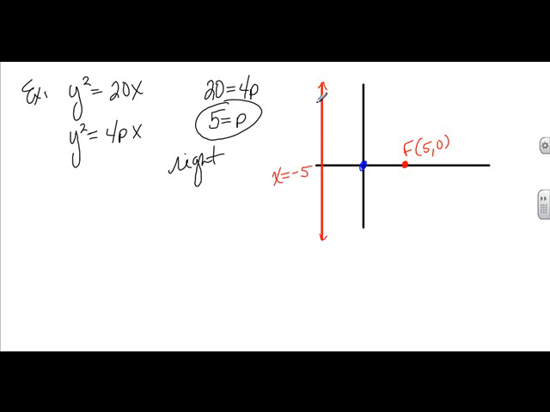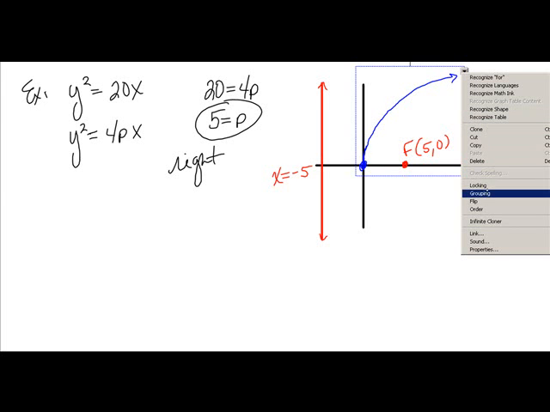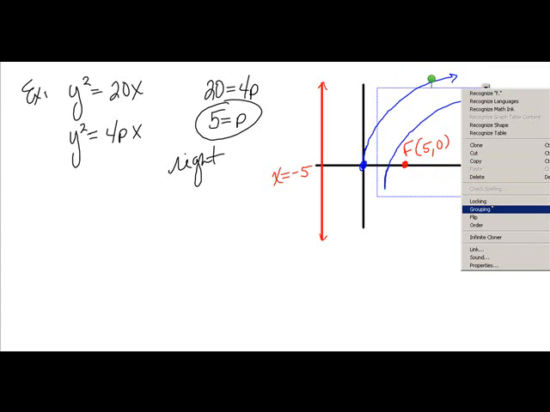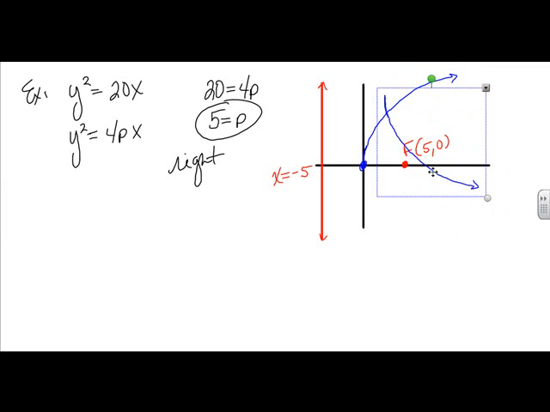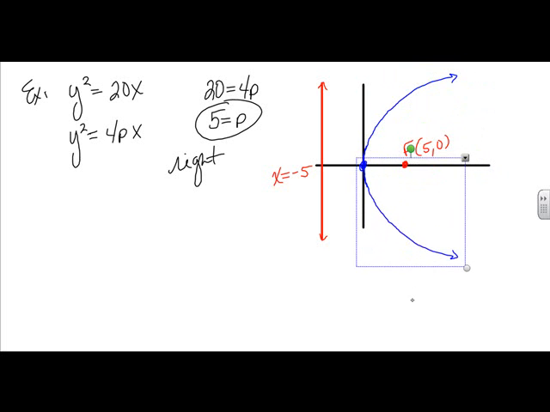And then we could sketch the curve. A parabola is always going to curve away from the directrix, kind of thinking about curving it around the focus. I'm going to cheat just a little bit to make this look good. Clone, flip. There we go. So that would be a reasonable sketch for that parabola.